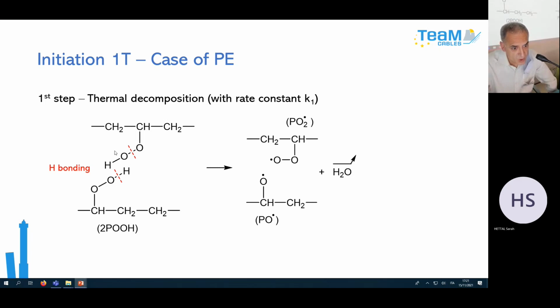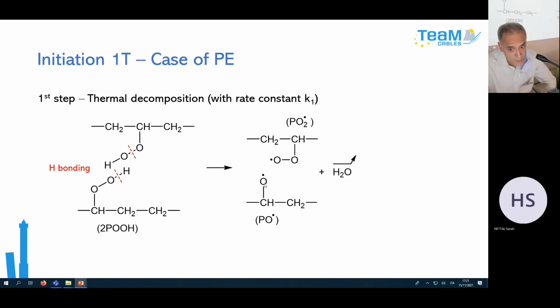So this bimolecular decomposition is represented here. In fact, two hydroperoxides establish a hydrogen bond by interaction between oxygen and hydrogen atoms when they decompose. And you have the formation of a peroxy radical, which can propagate the oxidation, and also the formation of an alkoxy radical.